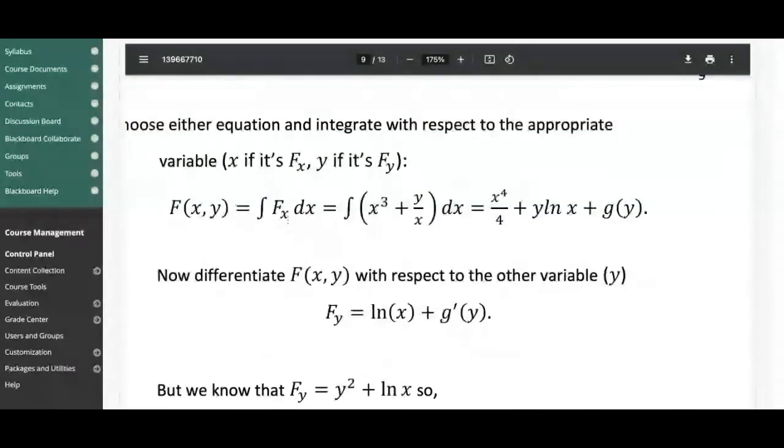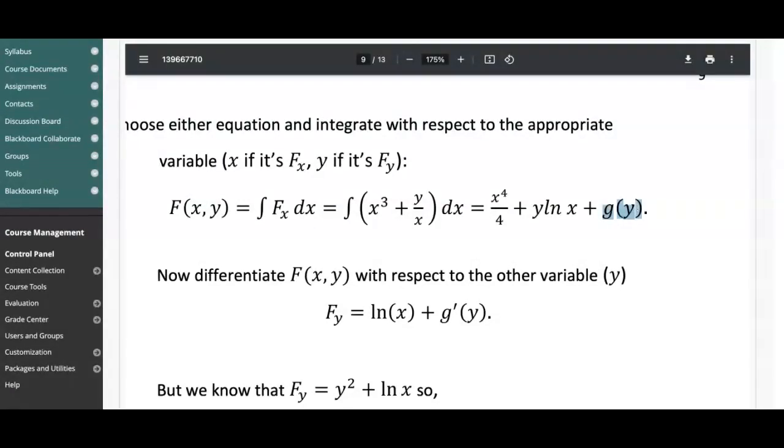So when we restore the potential function, we integrate partial F partial x in terms of x, dx. So that's x raised to 4 divided by 4, plus y ln x. Then we have to add a constant.